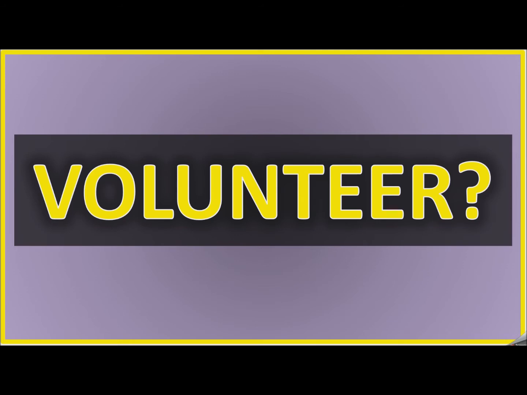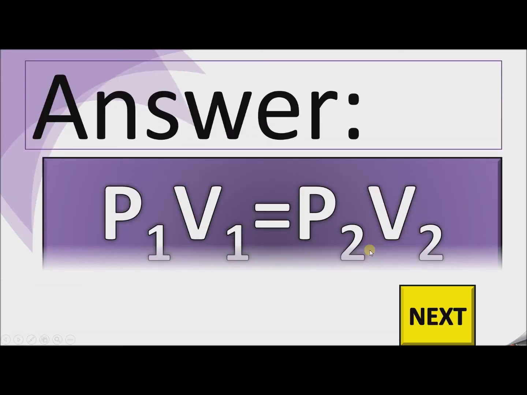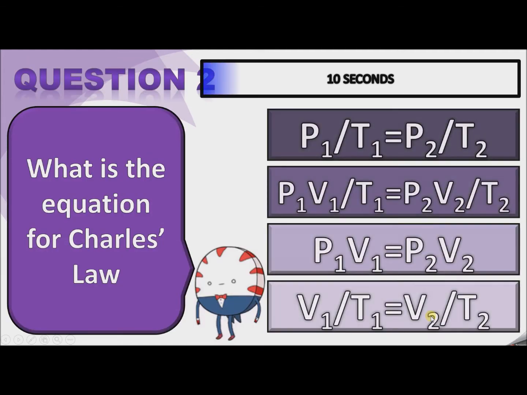Okay, let's have a quiz. What is the equation for Boyle's law? So, I think it's P1V1 is equal to P2V2. Ayan, tama siya. Next question. What is the equation for Charles's law? We have V1T1.